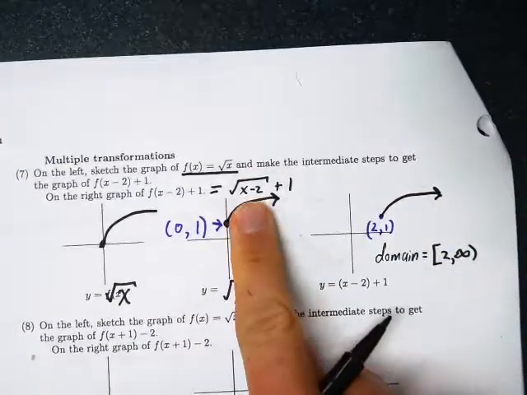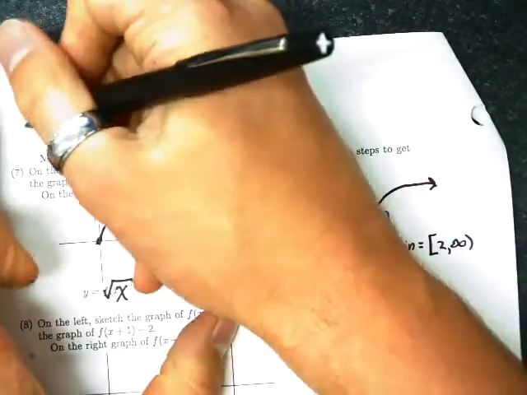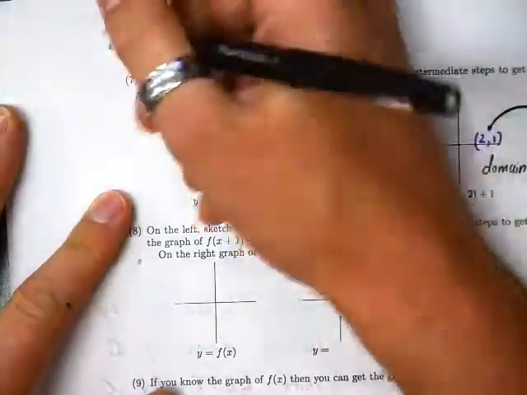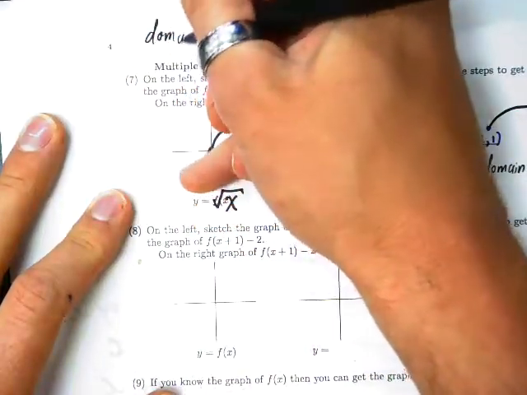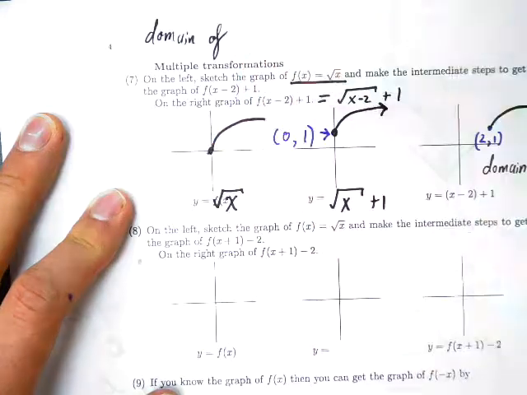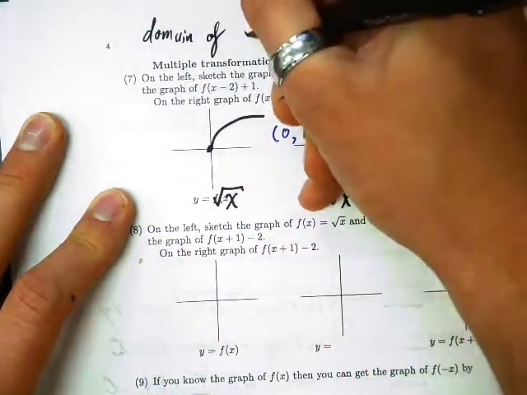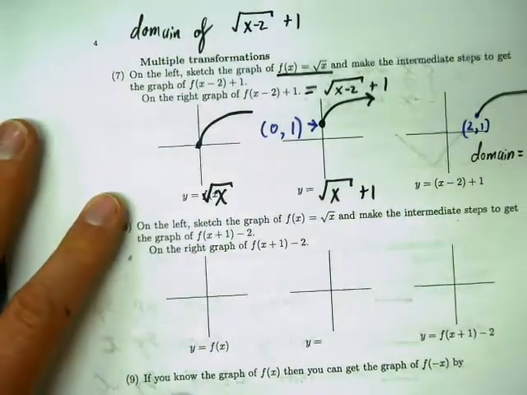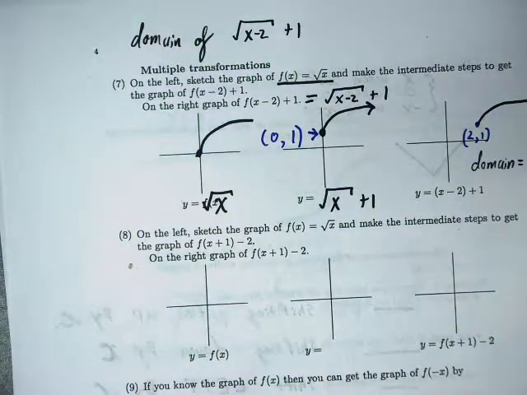Let's do the same thing and check the domain of this function analytically. That's like what x values make sense in that formula. When you look at that formula, is that plus 1 going to change anything? Yeah, there's nothing I can't add 1 to.